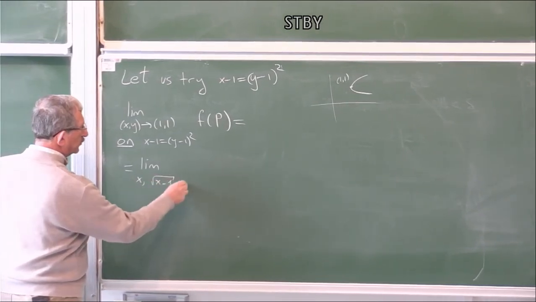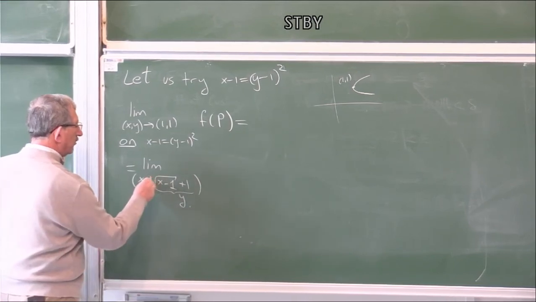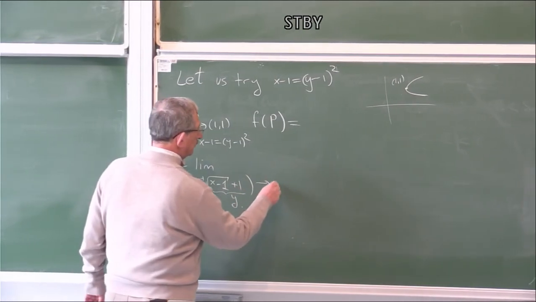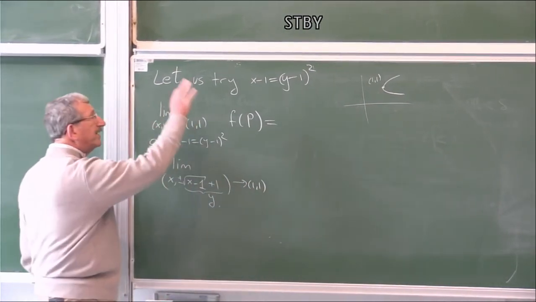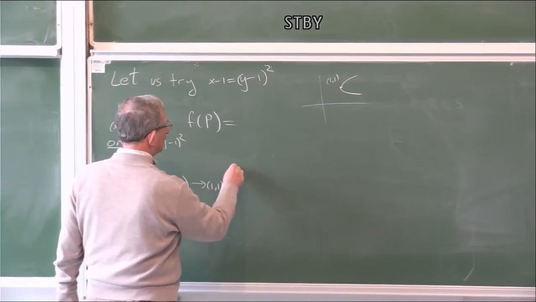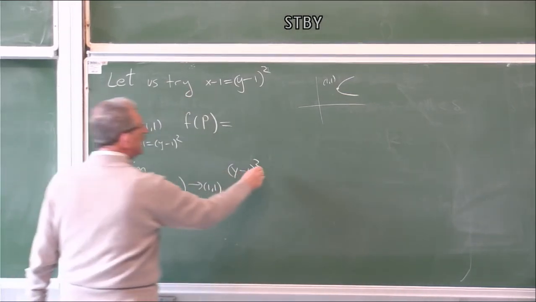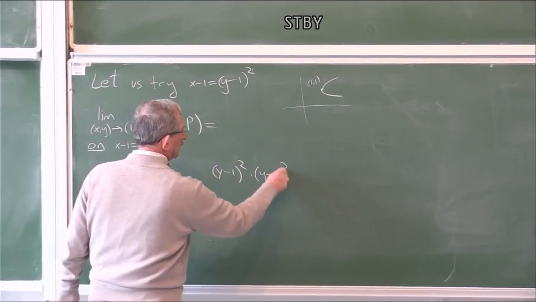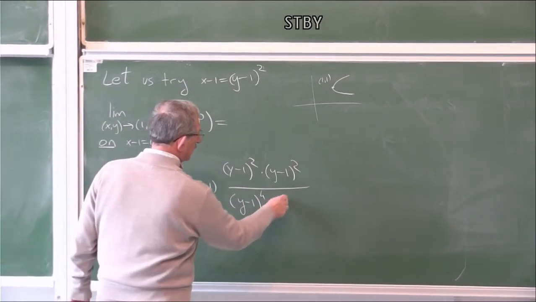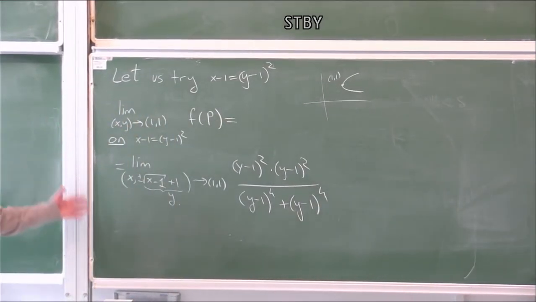Or the negative root, it doesn't matter at all. And it goes to (1, 1). In the expression, I have x minus 1, which is (y minus 1) squared, times another (y minus 1) squared, over (y minus 1) to the 4th plus (y minus 1) to the 4th. Well, the powers are matching.